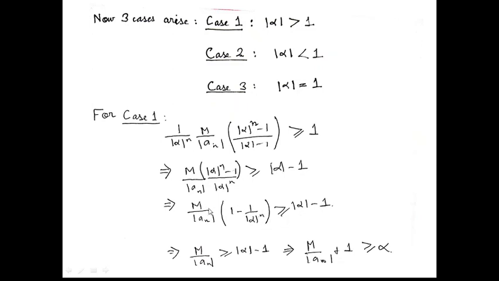So m by an is greater than or equal to mod alpha minus 1, because this is negative, so this inequality obviously holds. So you get m by an plus 1 is greater than or equal to alpha, so alpha is less than or equal to m by an plus 1.